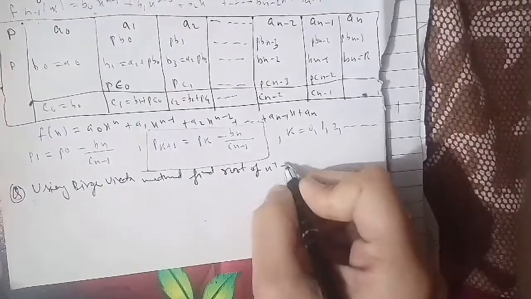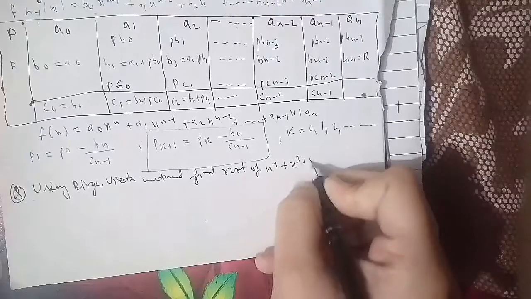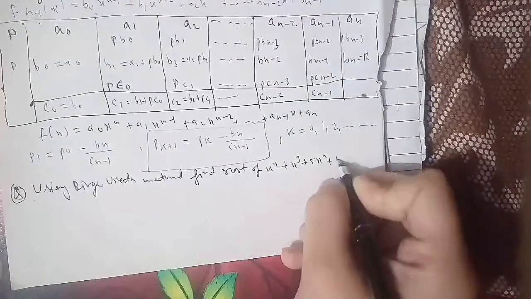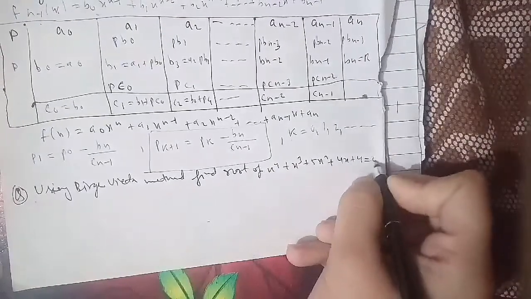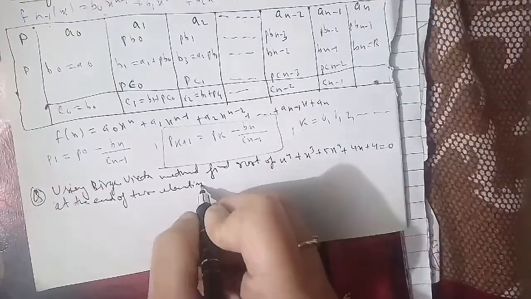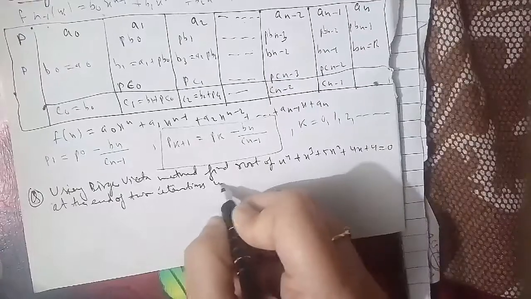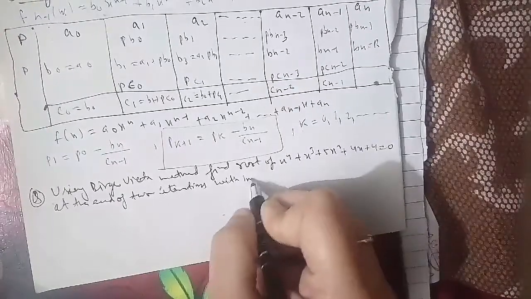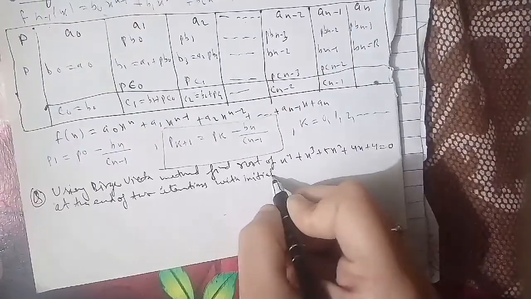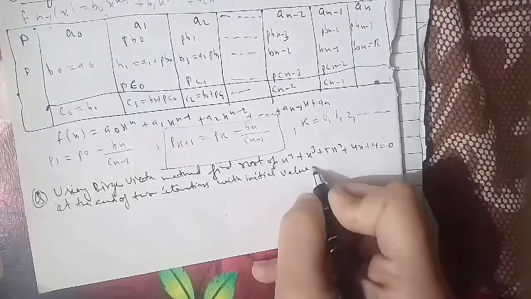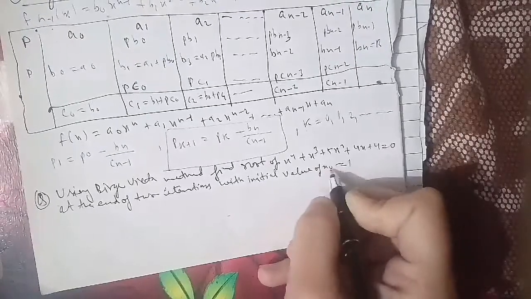For that, a0 = 1, a1 = 1, a2 = 5, a3 = 4, and a4 = 4, and p0 = x0, which equals 1. For iteration 1, we'll make a table showing the synthetic division, and then for iteration 2, another table is made.